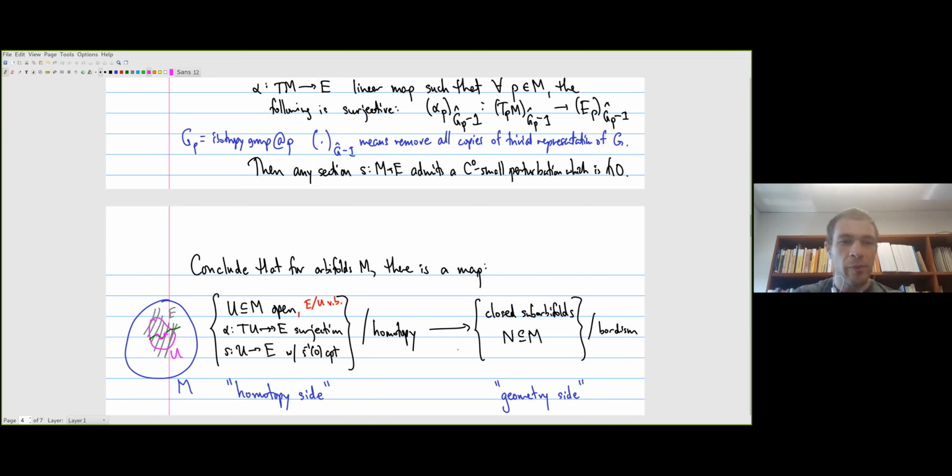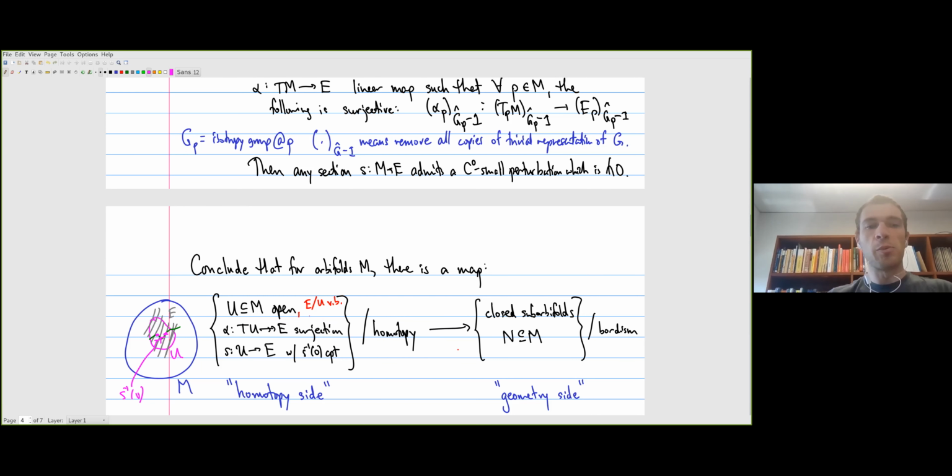This is S inverse of 0, so it does not approach the boundary of U. And there's this extra homotopy theoretic piece of data, which I won't try to draw.